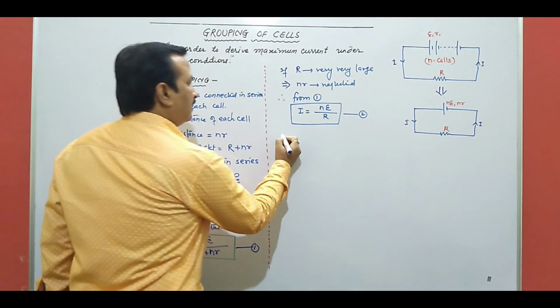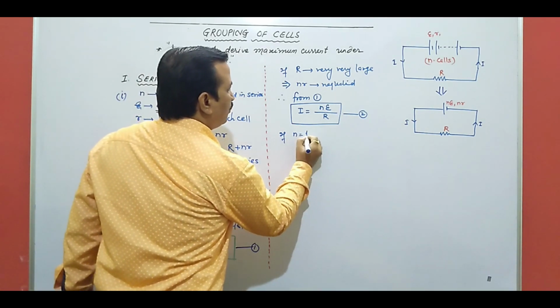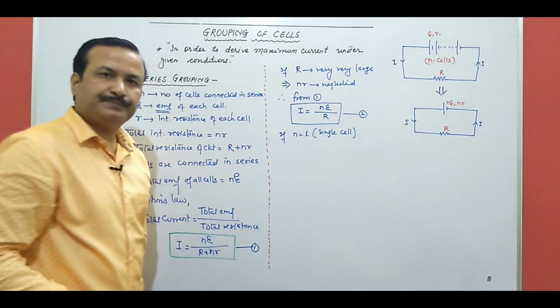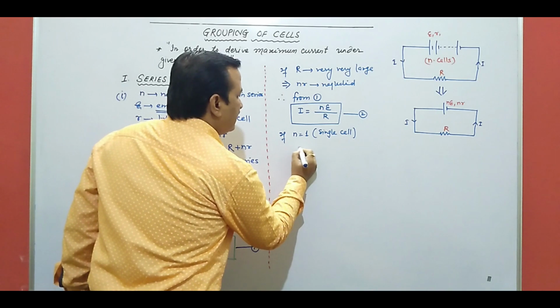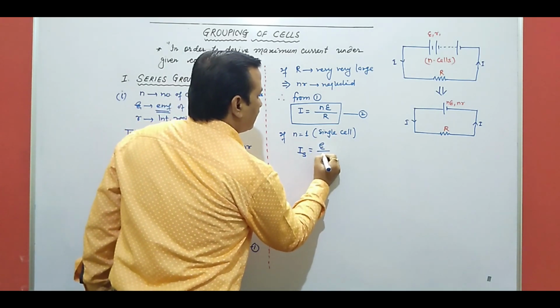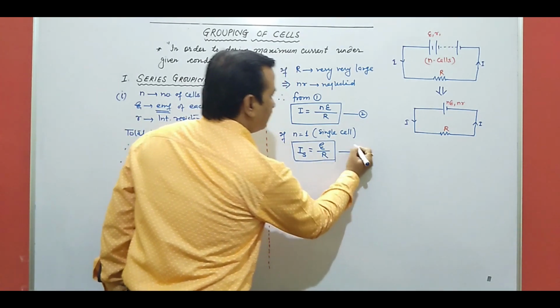If we take n is equal to 1, that is a single cell, then what we will get? I single, S for single, will be equal to E upon R. This is your third equation.